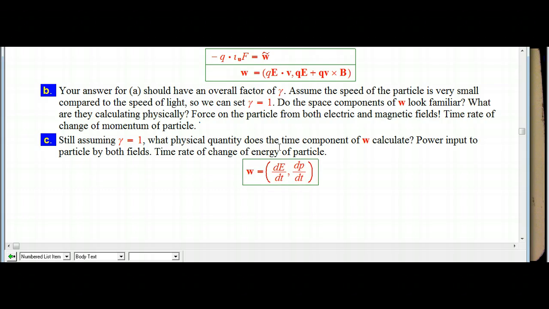In other words, it's d by dt of a combination called energy-momentum. This strongly suggests that in space-time, we should put energy and momentum together as one object, with energy being the time component and the momentum being the space components. And that's exactly true. That's an incredibly important, useful thing to do. It's really the key to relativistic dynamics, that energy and momentum get combined into the energy-momentum 4-vector. And just this one calculation gives us a big hint that that's a great idea.